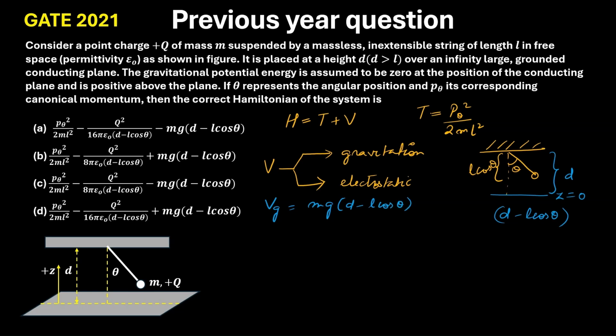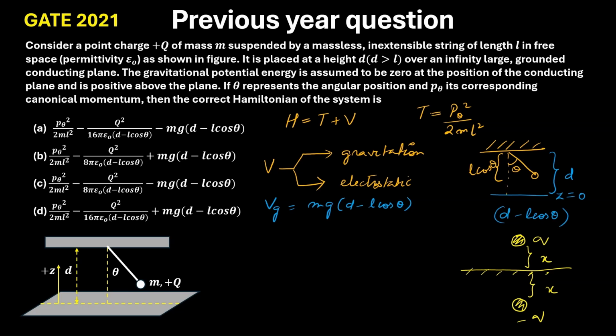Next, for electrostatic, we have to use the concept of image. Suppose I have a conducting plane and a charged particle at a distance, let's say x. Then the potential energy of this system will be equivalent to half of this system.